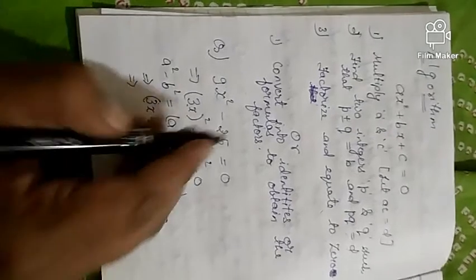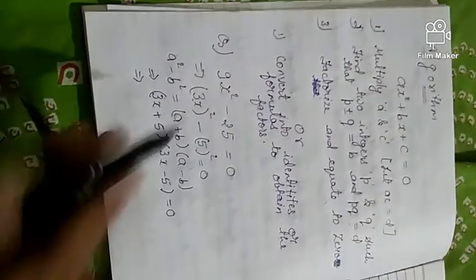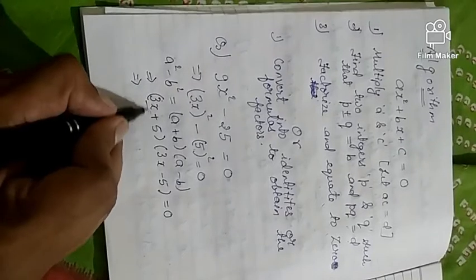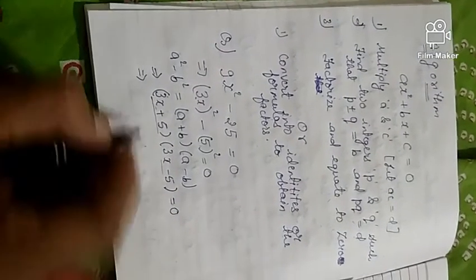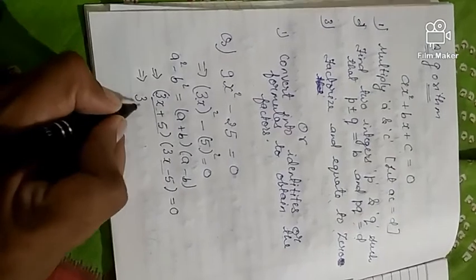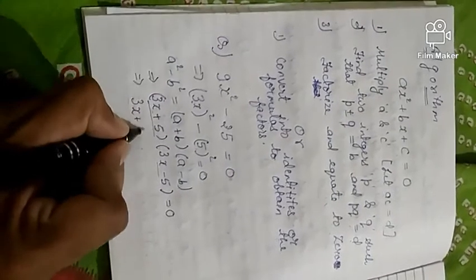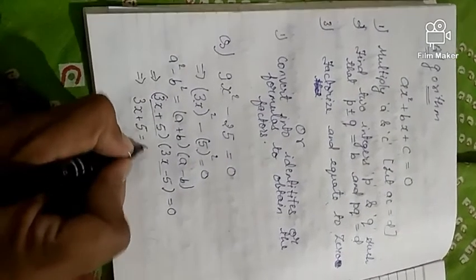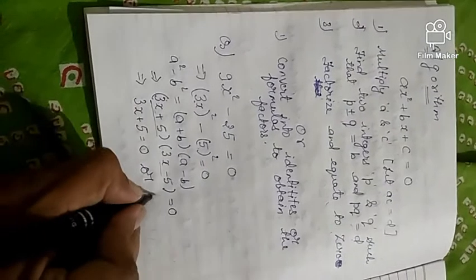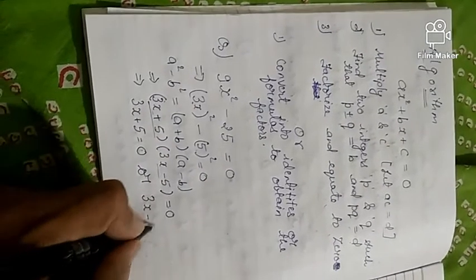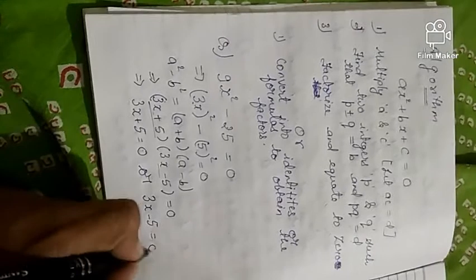Now coming to the third point, equate the factors to 0 one by one. So first I will equate this to 0, secondly I will equate this to 0. This implies that either 3x plus 5 is equal to 0 or 3x minus 5 is equal to 0.